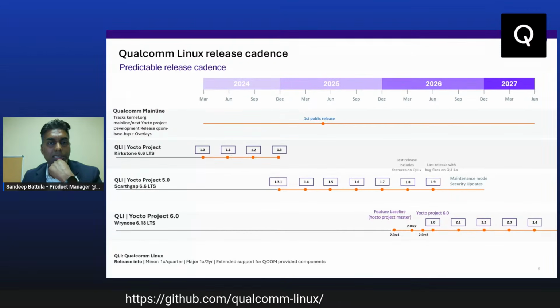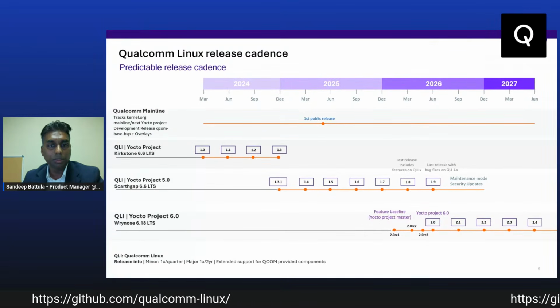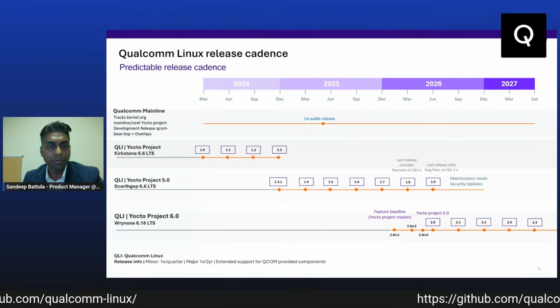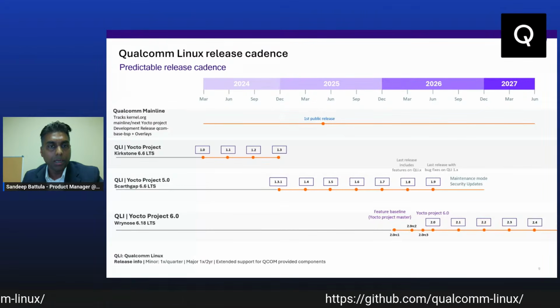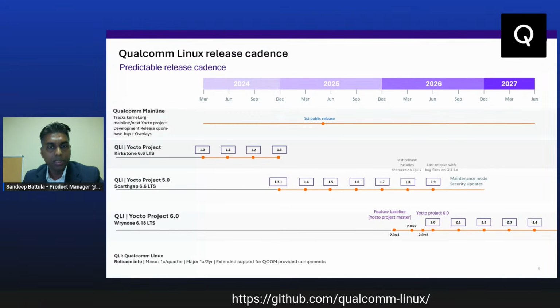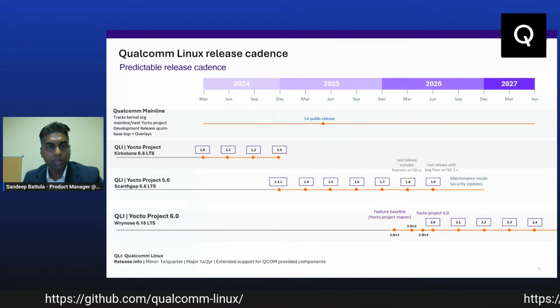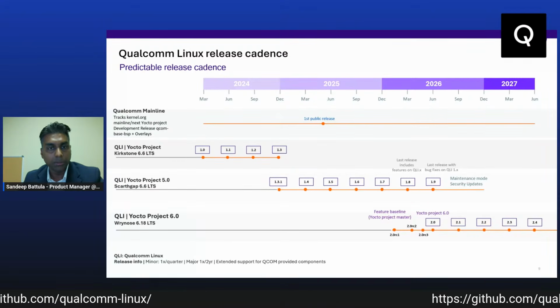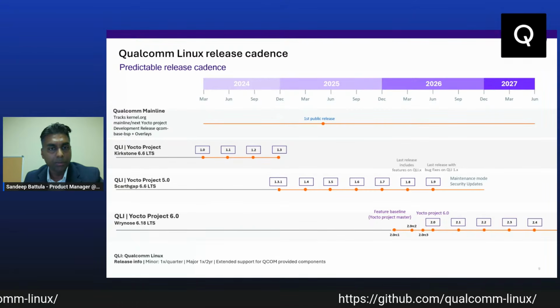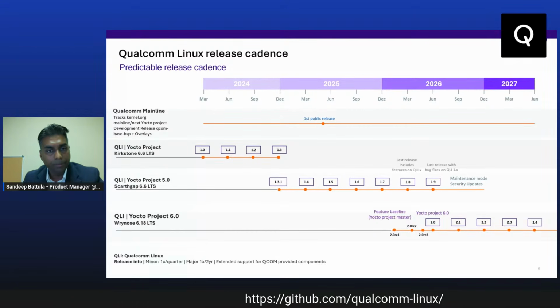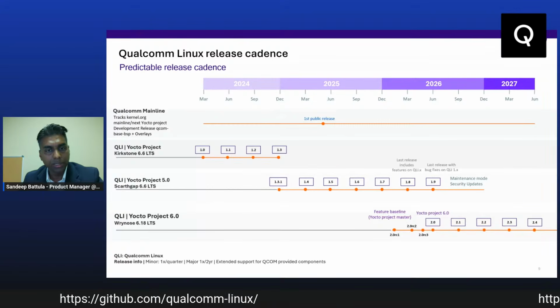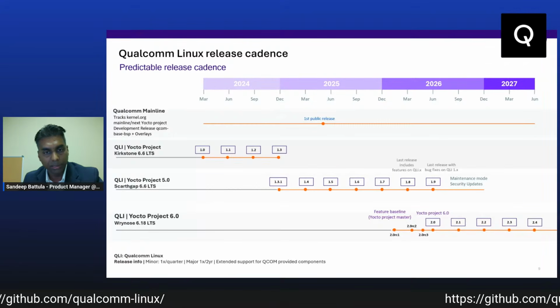On the release cadence, with Qualcomm Linux you get a predictable release cadence. You can see we launched Qualcomm Linux 1.0 in March 2024, and we've been doing quarterly releases continuously with new features, bug fixes, and security updates.